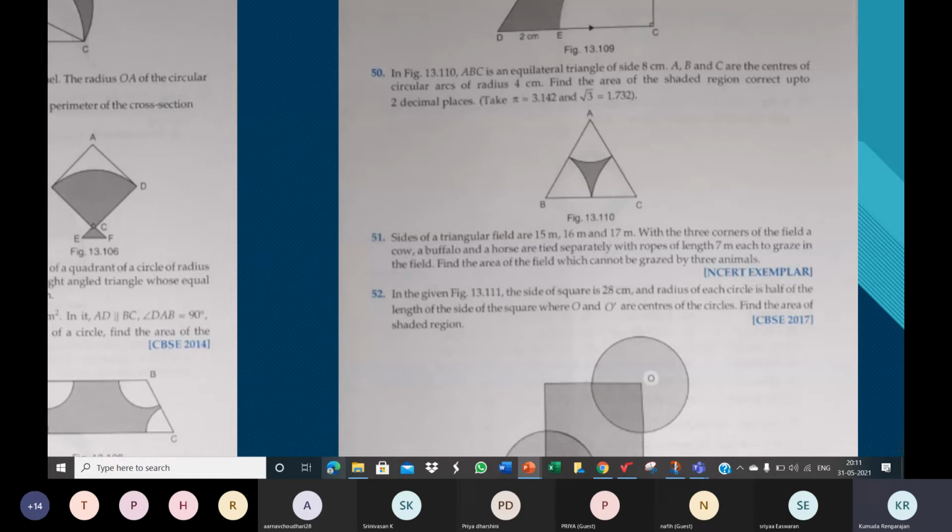Say the radius of each of the sectors is A units, a small letter a. What will be the collective area of the three sectors? That's the question.